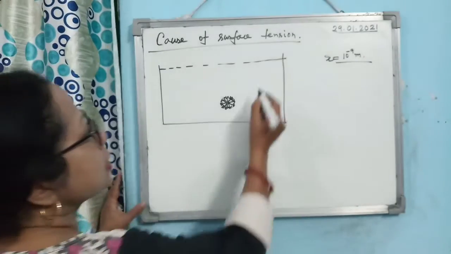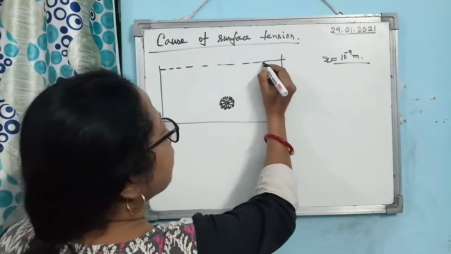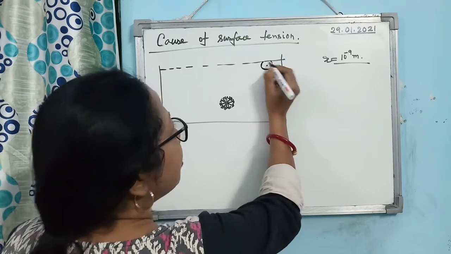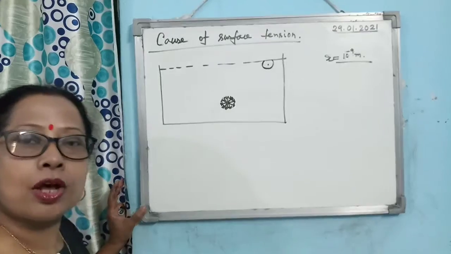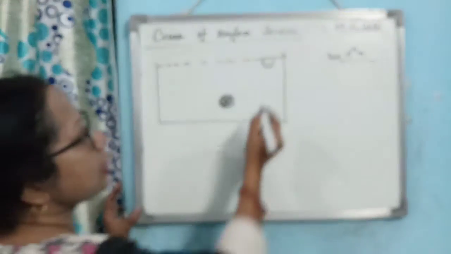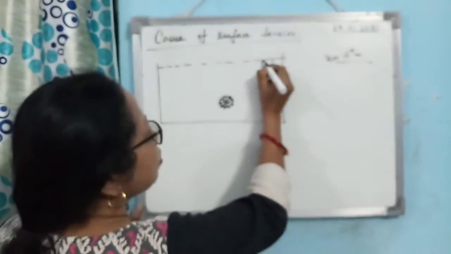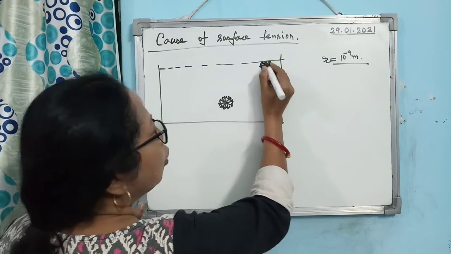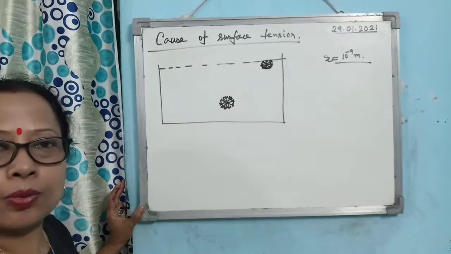Now suppose you have taken the liquid molecule here so that you cannot complete the sphere of molecular activity. Then there will be a net force acting in the downward direction.